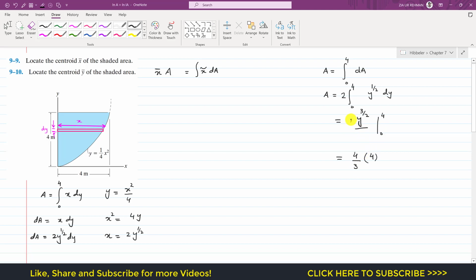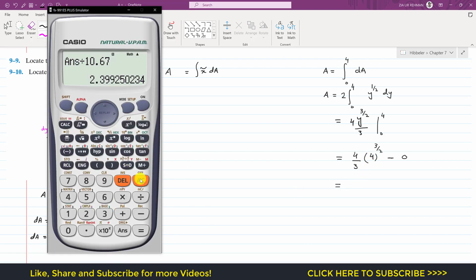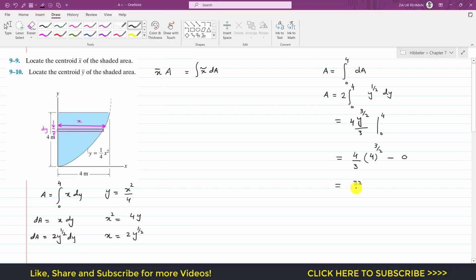So that is 4 divided by 3. And when I put these limits, this will be 4 divided by 3, 4 to the power 3 divided by 2, minus 0. So this gives us 4 divided by 3 into 4 to the power 3 divided by 2, which gives us 32 divided by 3.